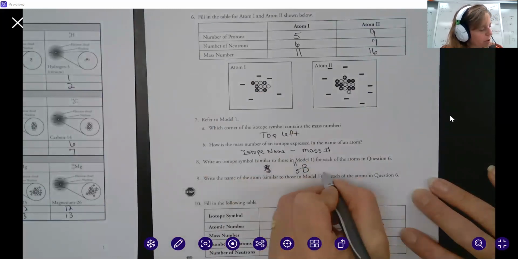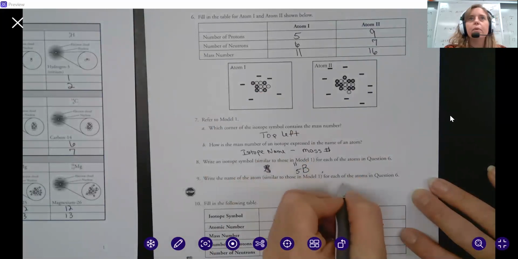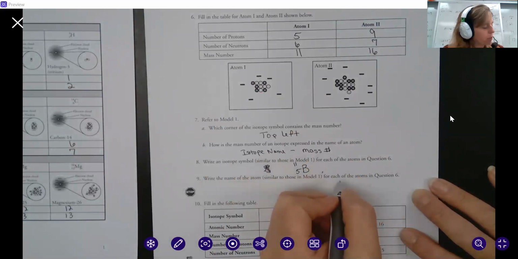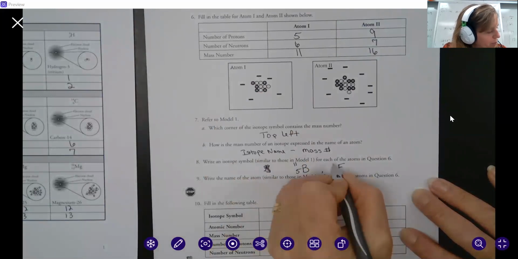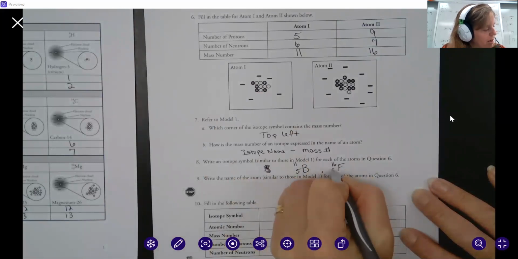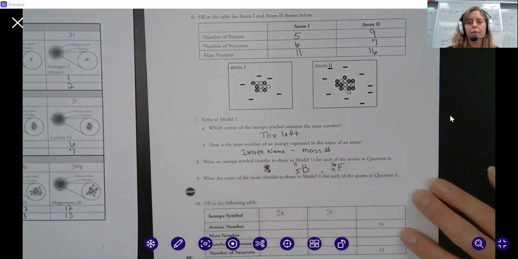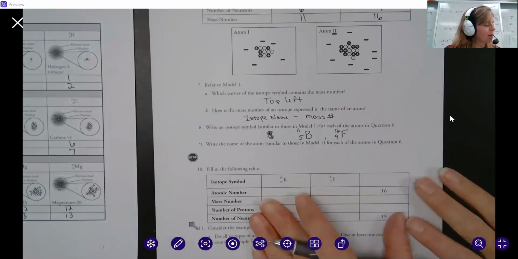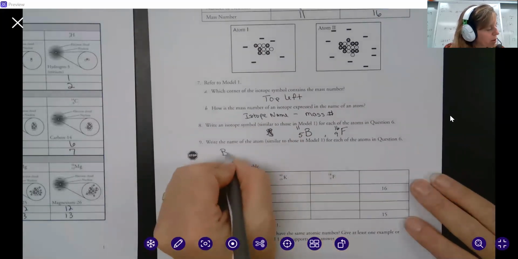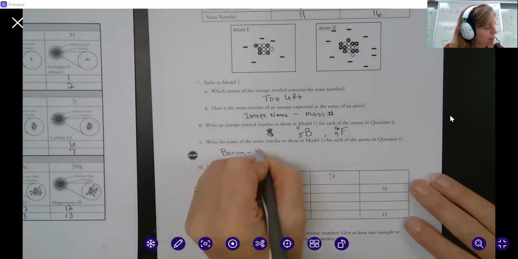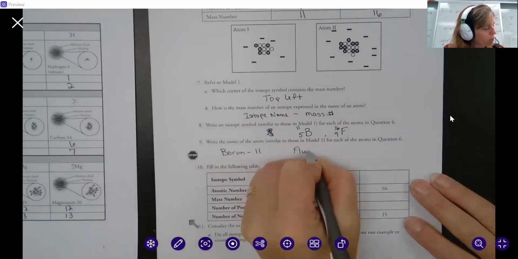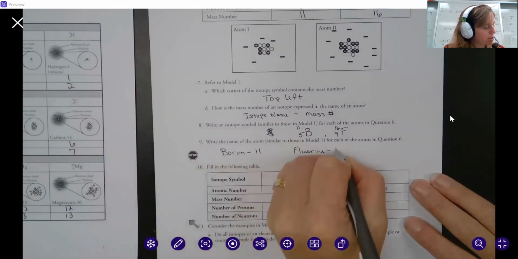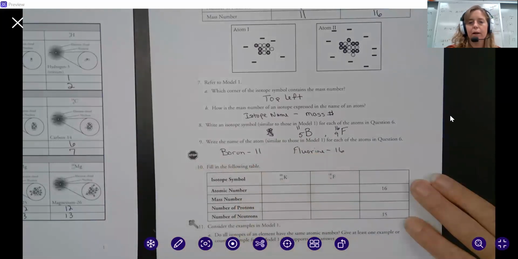And then the other one has number of protons 9, which is going to be fluorine. So I'm going to put 16 here and 9 there. And now it wants to know, write the name of the atom. So we'll say boron-11, and this one would be fluorine-16.